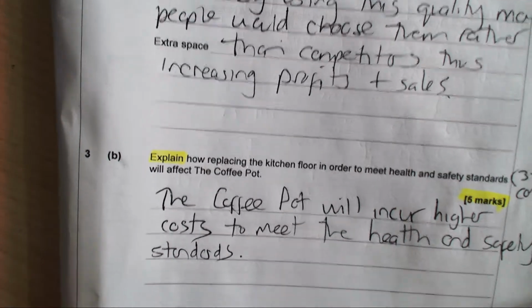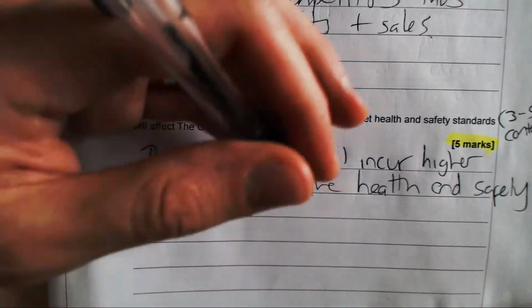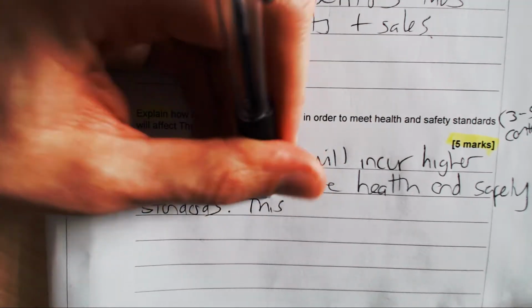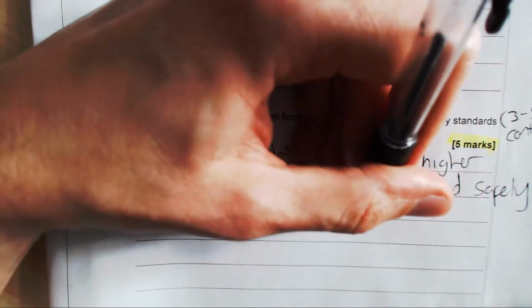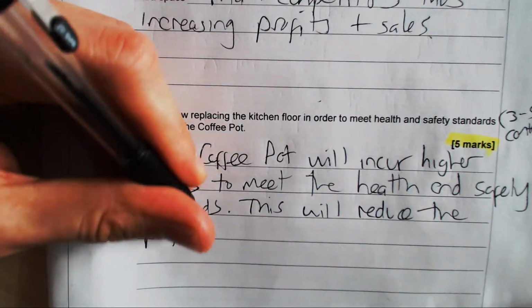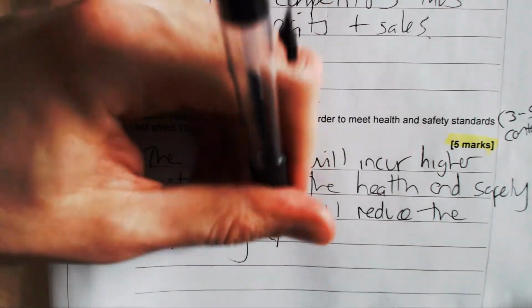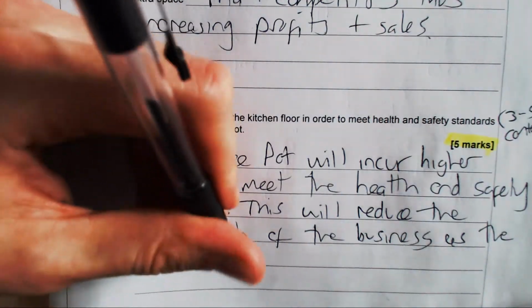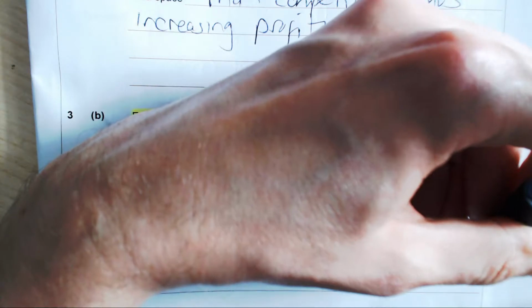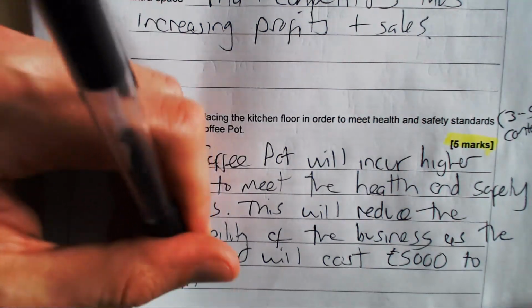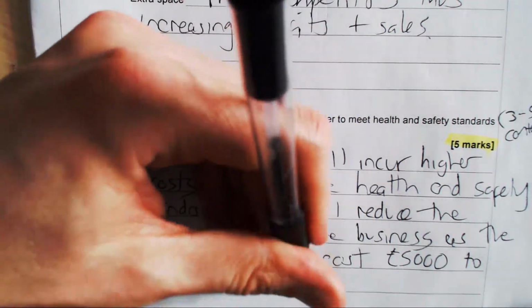So now I'm going to develop this response and then hopefully get it in context. This will, there's my connective, this will reduce the profitability of the business as the new floor will cost, I'm going to be specific here, £5,000 to be brought into line with H&S standards, health and safety.